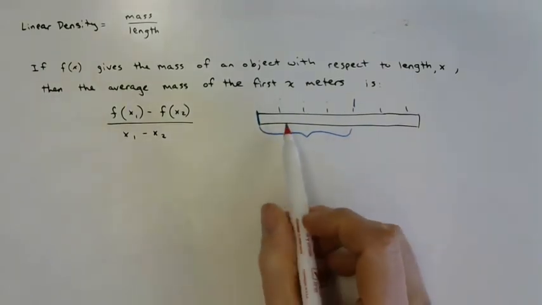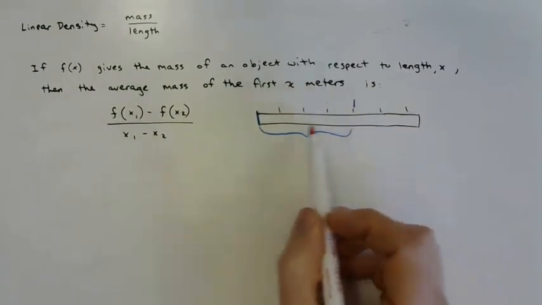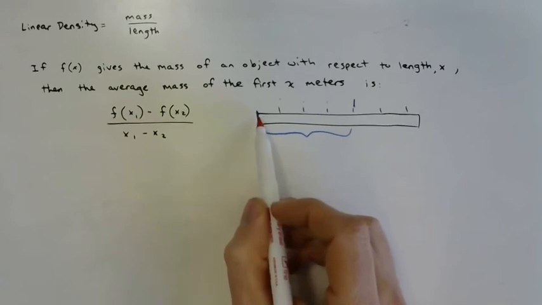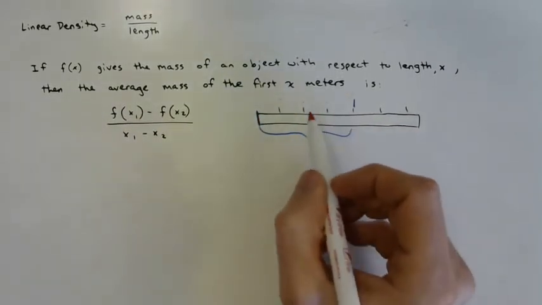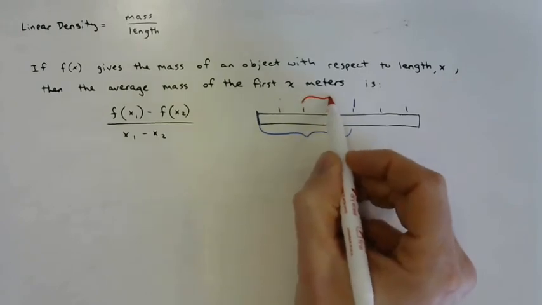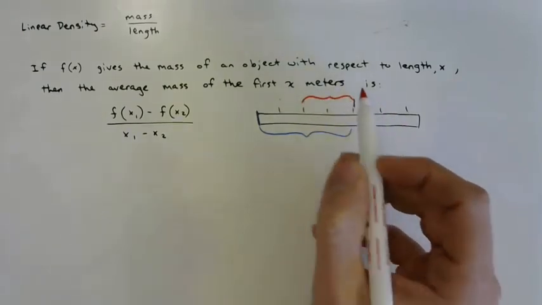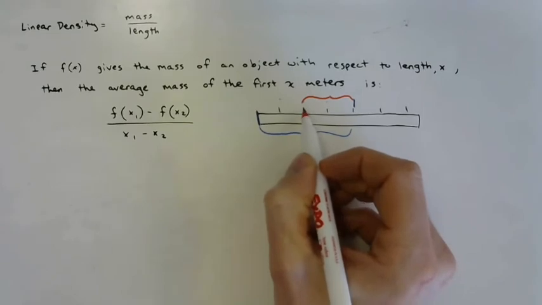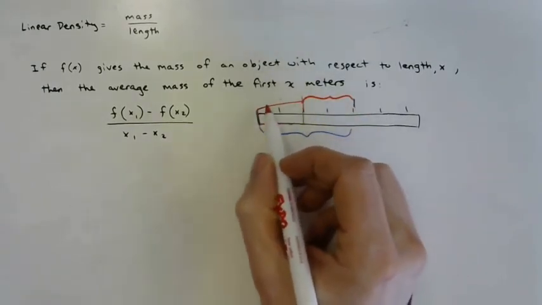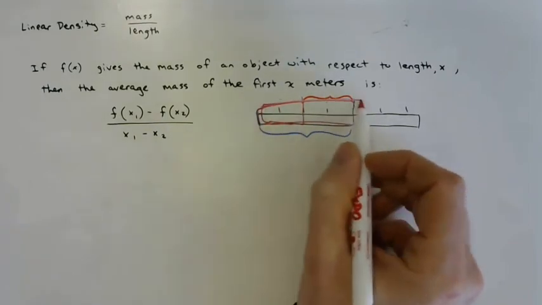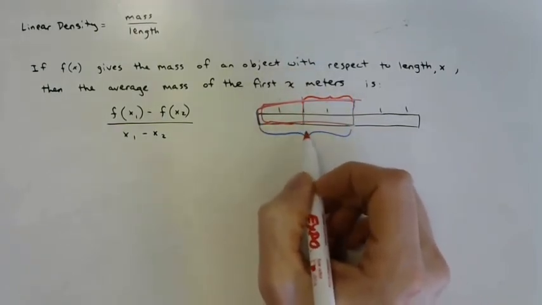So even if the mass of the object wasn't constant, even if the mass changed, like this thing got fatter and skinnier, or more dense or less dense, you could go from here to here. And then you would simply be taking the mass of this piece, subtracting the mass of this whole piece over 2.